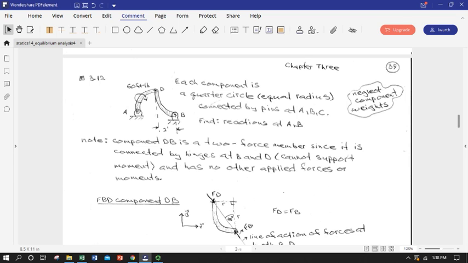It obviously has forces applied at A and D, and it has a couple moment. So the moment is being applied over there. So in this sense, the location at which the moment is being applied is important. It wouldn't be important for the whole body, but in this case it's applied over there, which makes DB a two-force member.